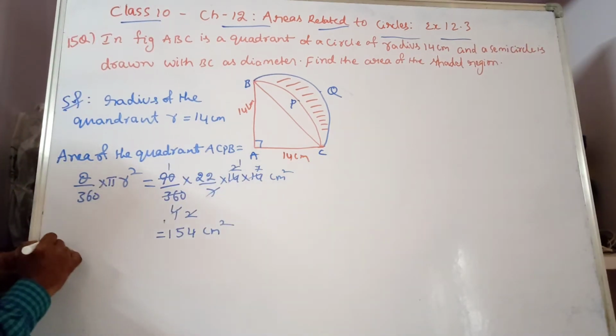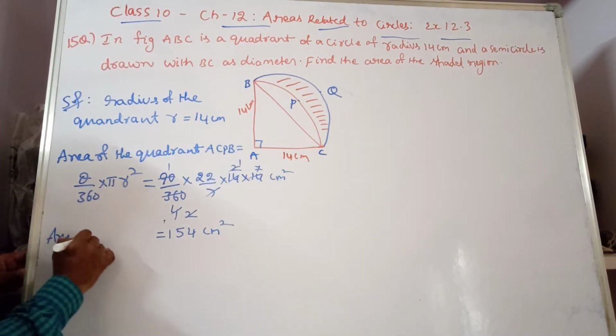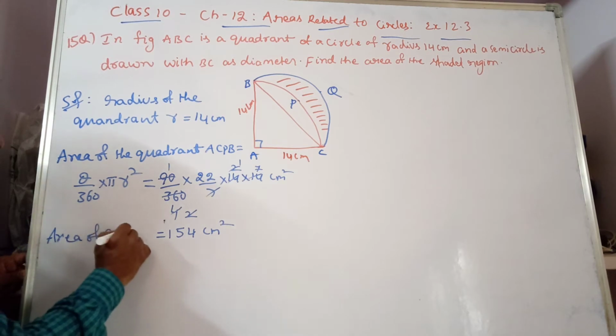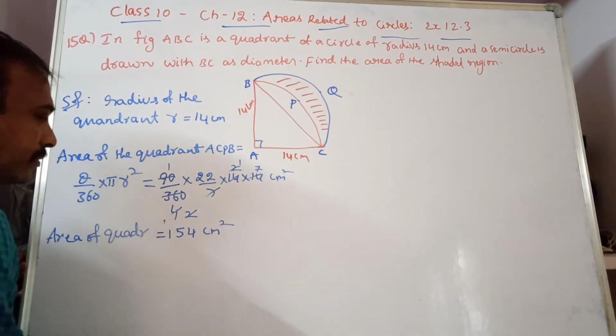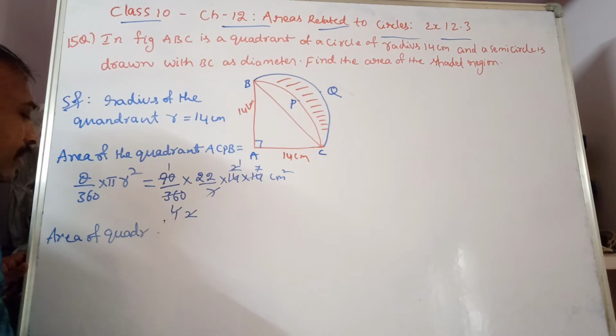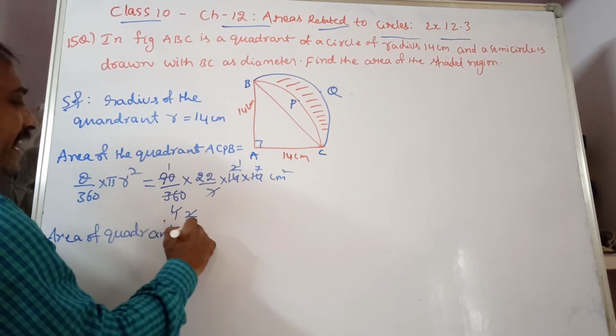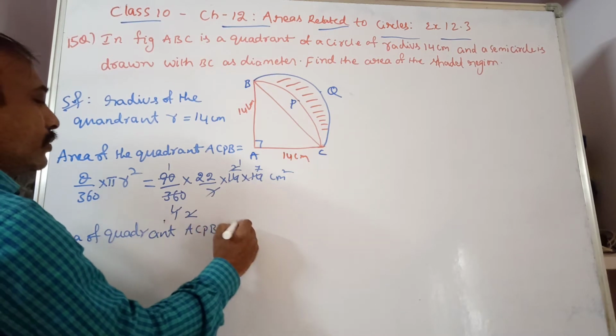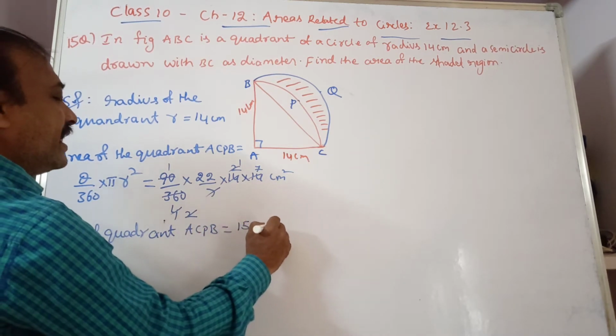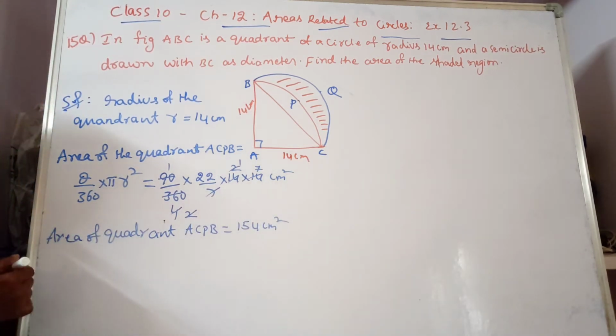This is the area of the quadrant ACPB, equal to 154 centimeter square. Are you following? 154 centimeter square.